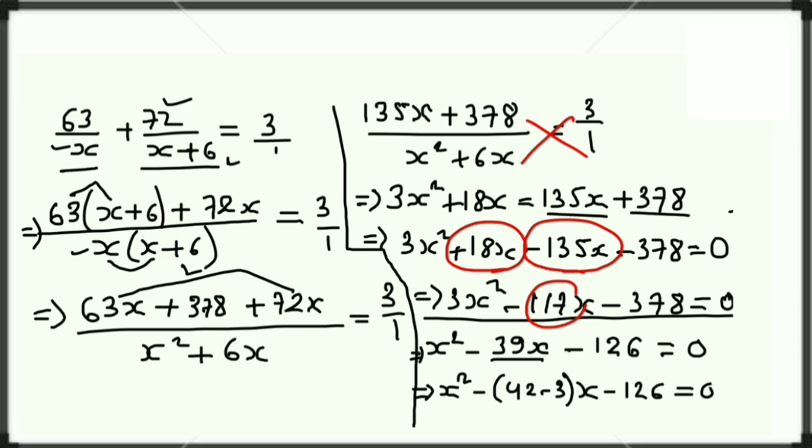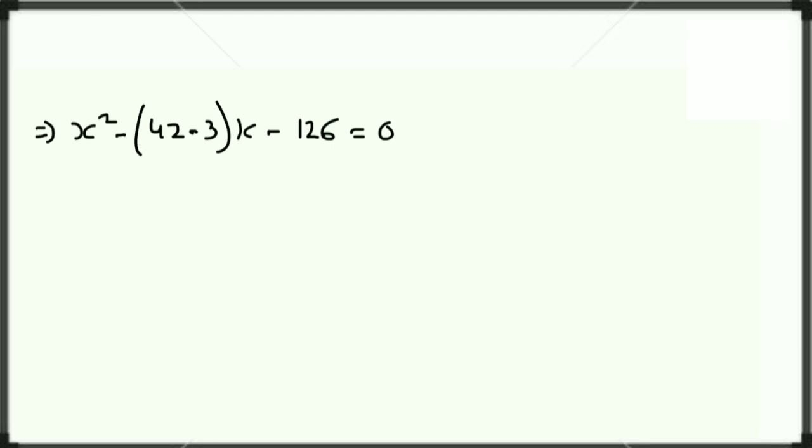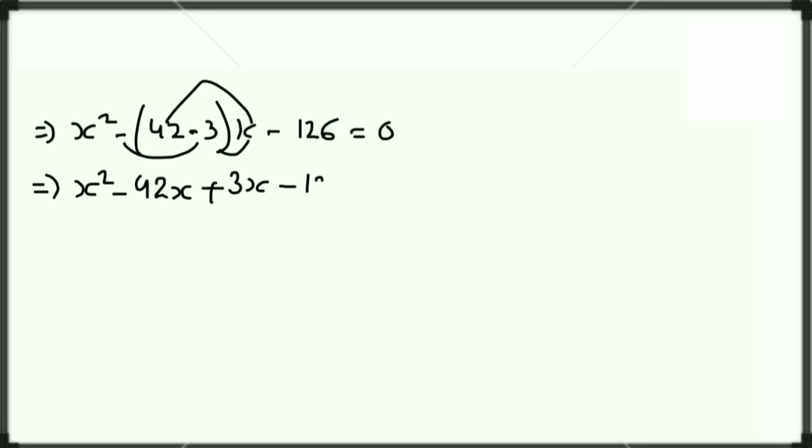Now let's proceed to a new page. Okay, now x square as it is, and here minus into plus is minus, x into 42, 42x, again minus into minus is plus, x into 3, 3x, minus 126 equal to 0.